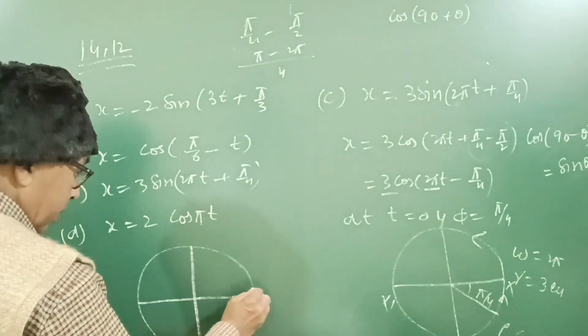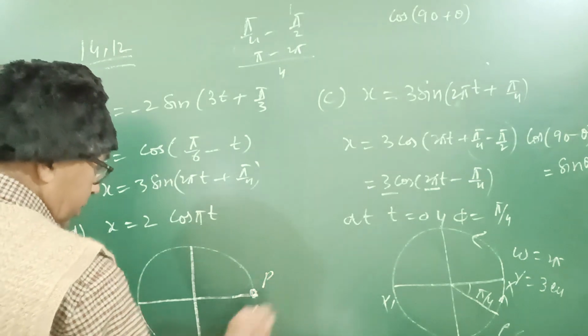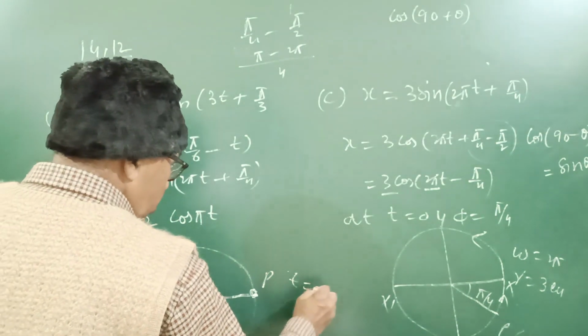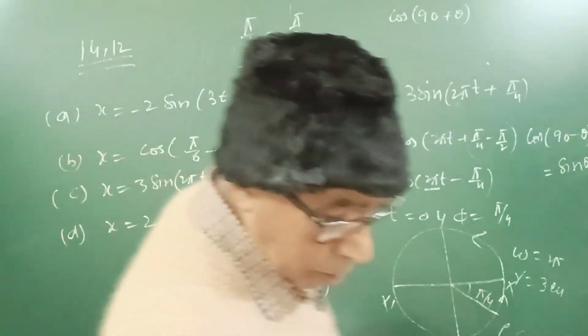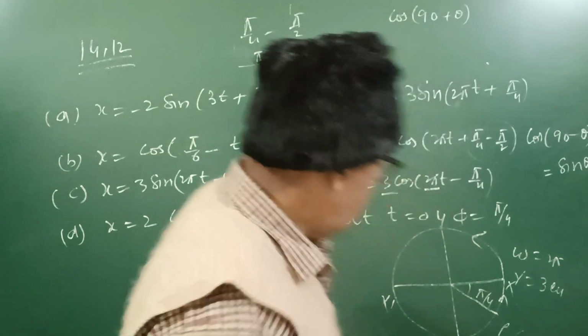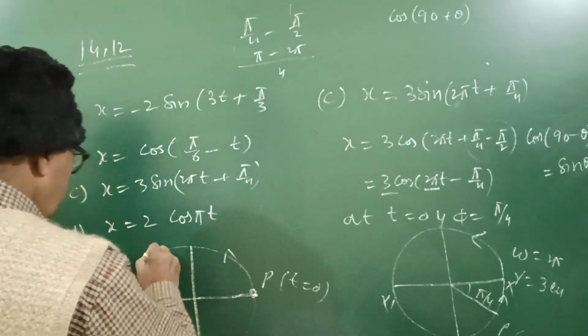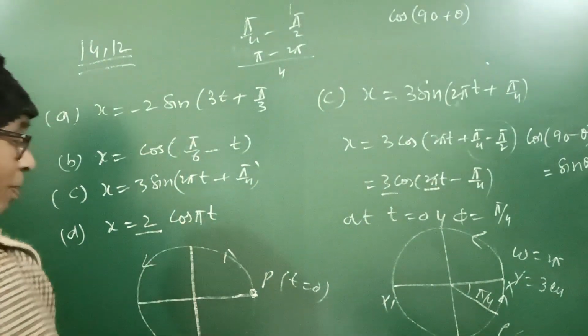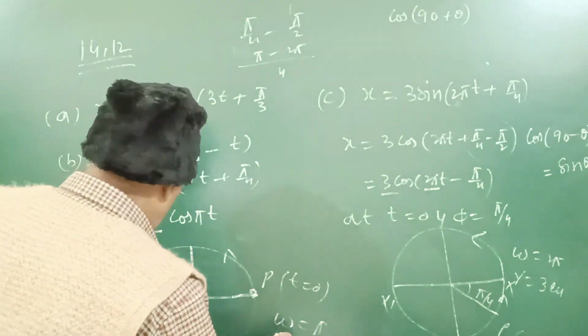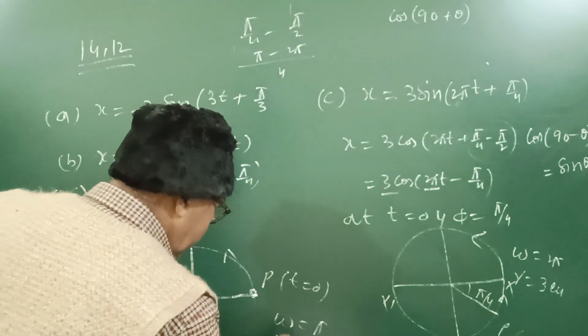Here, P at t equal to 0. Yes, t equal to 0. Motion like this, A 2 centimeter, omega pi. Here omega pi and A, the radius, is 2 centimeter.